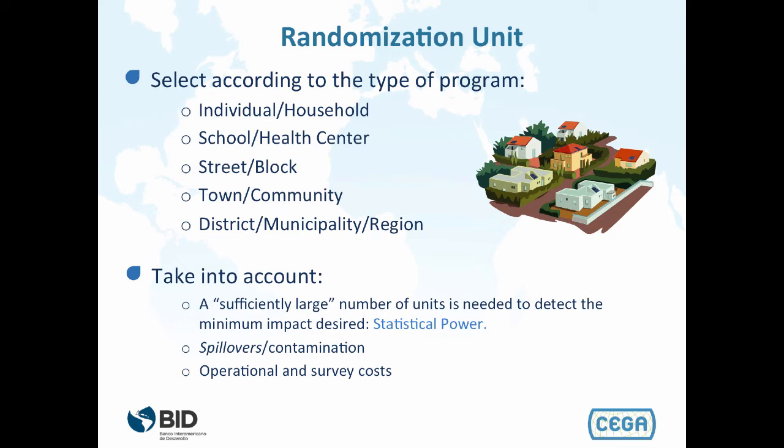If we aggregate to the town or the community, that reduces statistical power, holding the number of individuals or households constant. We're also going to want to worry about what's called spillovers or contamination, something again we'll talk about later. The idea that the treatment might spill over or contaminate part of the control group.